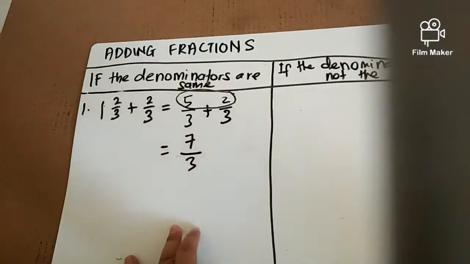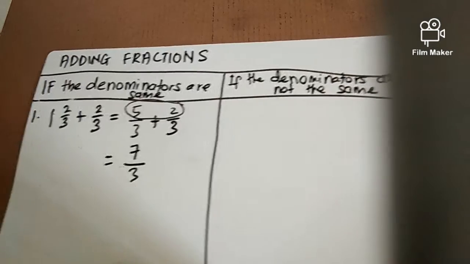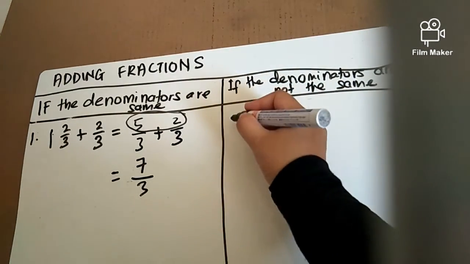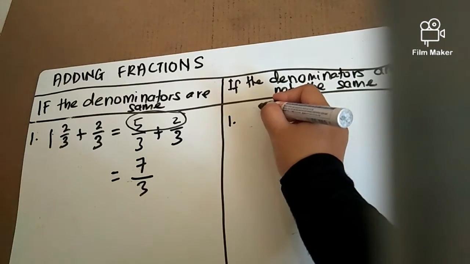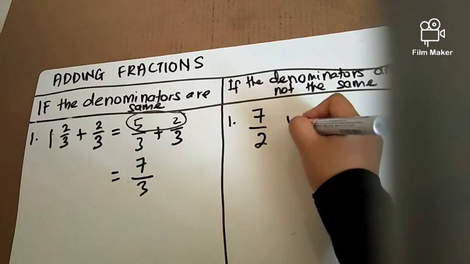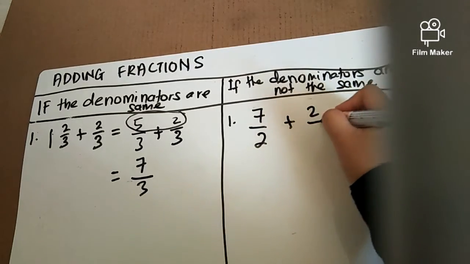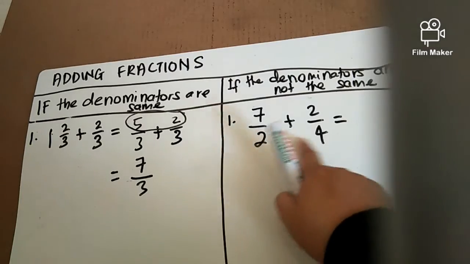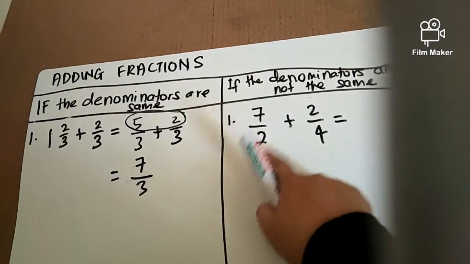Alright. What about if the denominators are not the same? How do you do this? If the denominators are not the same, for example, I give 7 over 2 plus 2 over 4. This one, you have to make sure that the denominators are the same.